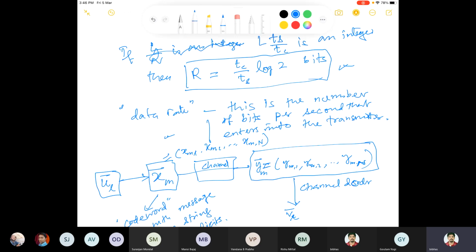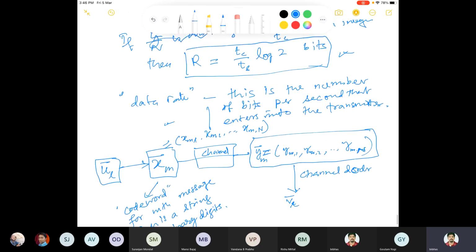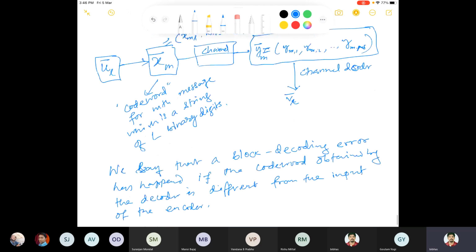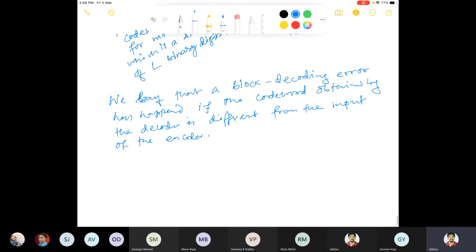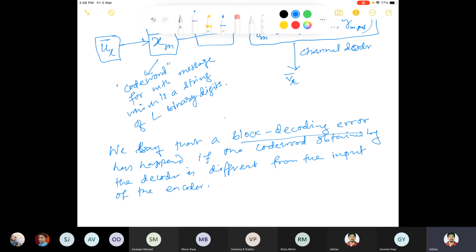Now see, what can happen is at one particular place the error can happen, or error can happen at multiple places. In fact, when we say this block decoding error, we can generalize this and say this is between UL bar and VL bar.